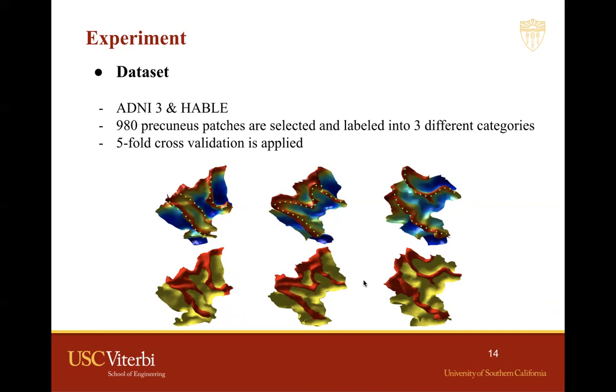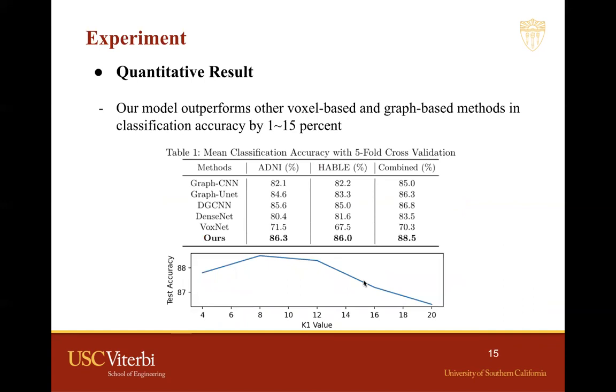And then we divide them into 5 subsets and apply a 5-fold cross-validation scheme in the network training process. This shows the comparisons between our proposed approach and 5 other state-of-the-art geometrical learning methods. The last row shows the results of our proposed approach. We can see that our approach outperforms all other methods, which verifies the effectiveness of our proposed approach.